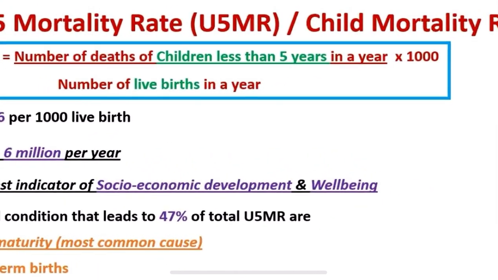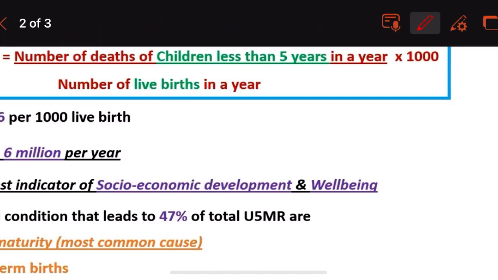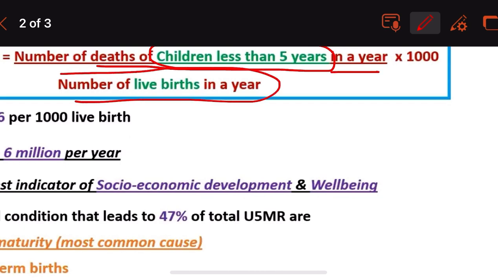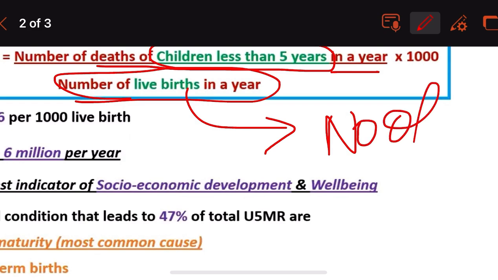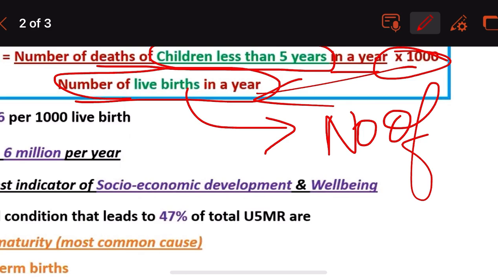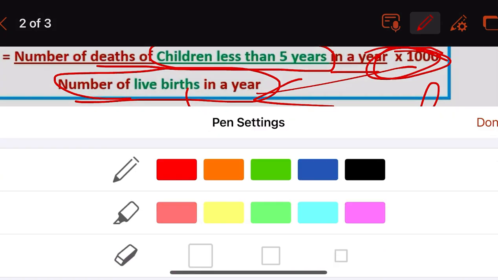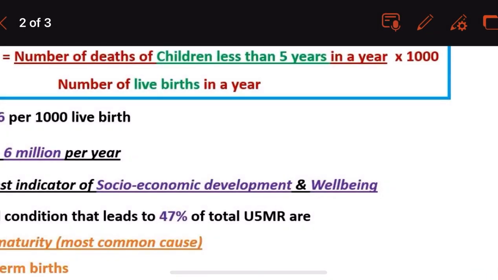Child mortality rate or under 5 mortality rate is the number of deaths of children less than 5 years in a year divided by the number of live births in a year. You're expressing it in terms of 1000 live births, so into 1000.